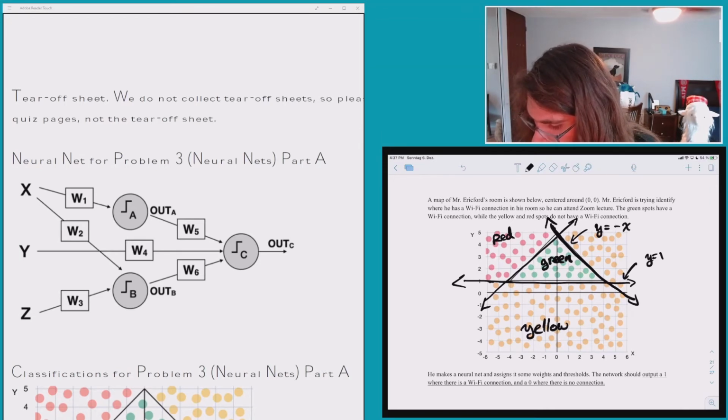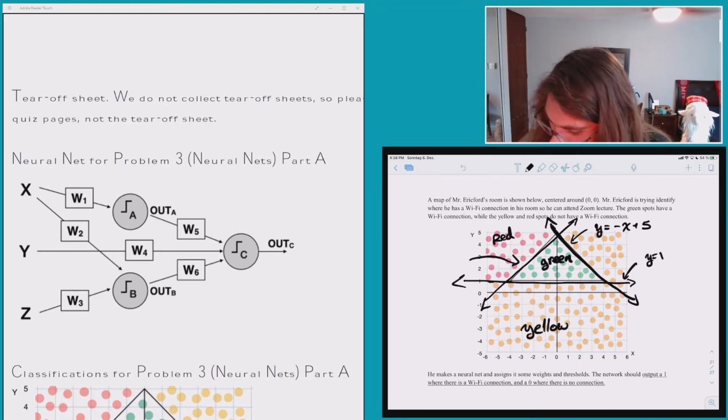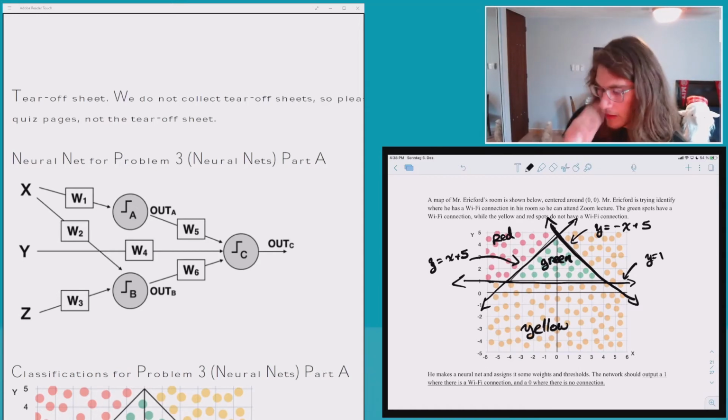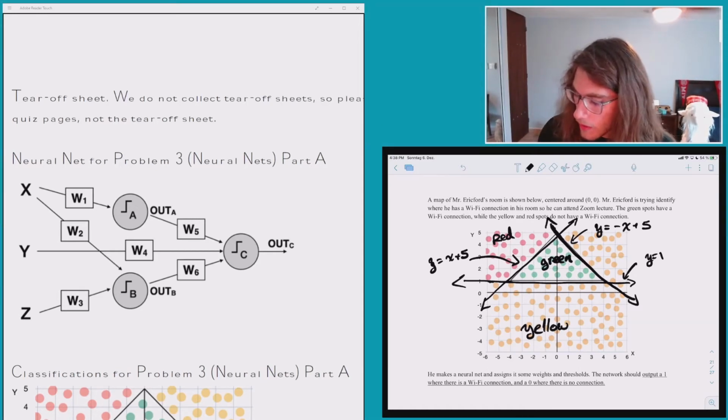The y-intercept is 5. And I believe this line is symmetrical, except it's the positive slope, but same y-intercept. So it's y equals x plus 5.